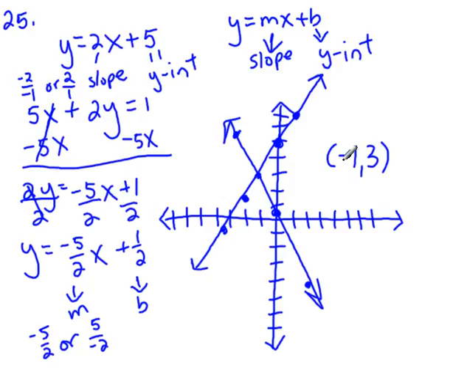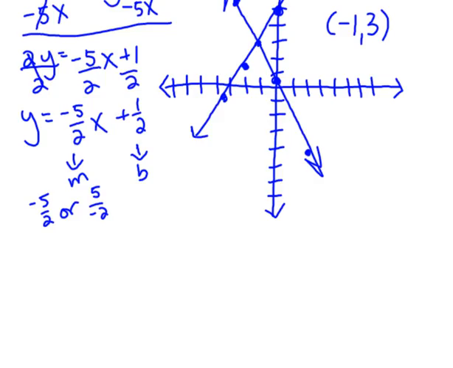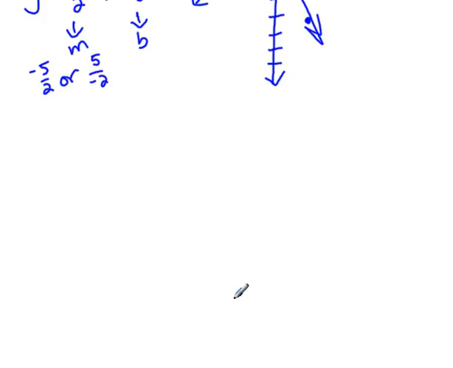It's the point that I would have gotten, the place where the two lines cross each other in the coordinate plane. Let's just check and see if, in fact, we do get that if I solve this same problem by substitution. Because remember, the method you solve by should not affect your answer.